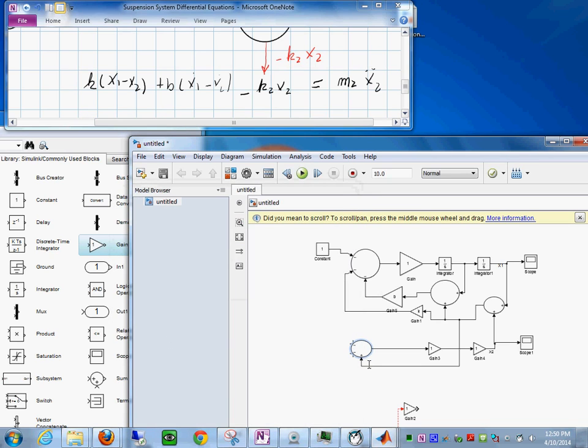Okay, that is this term. The one for the velocity terms comes from here, and that one is it.